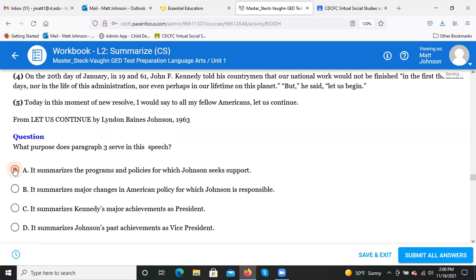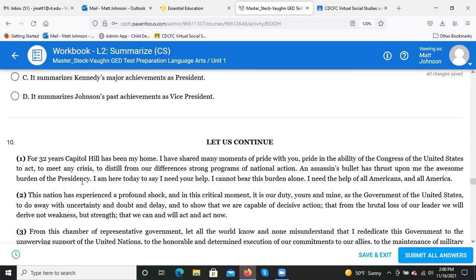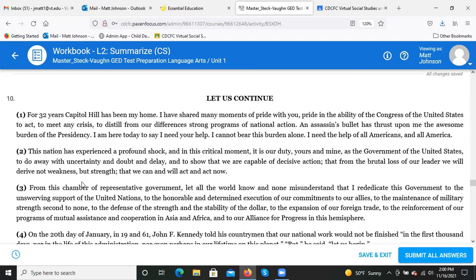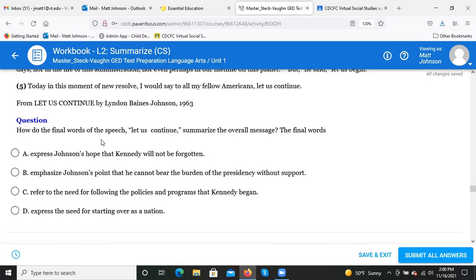He's not changing policy. He doesn't mention Kennedy until the end, and it doesn't really say anything about his past achievements. So by process of elimination and then reviewing that, it's certainly A, that he's summarizing programs and policies that they're going to recommit.